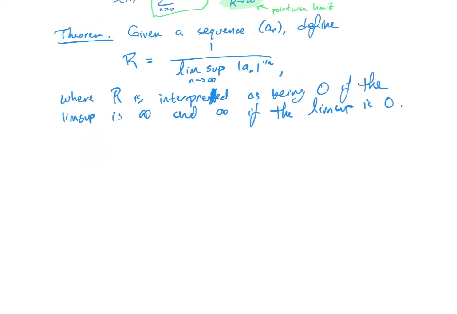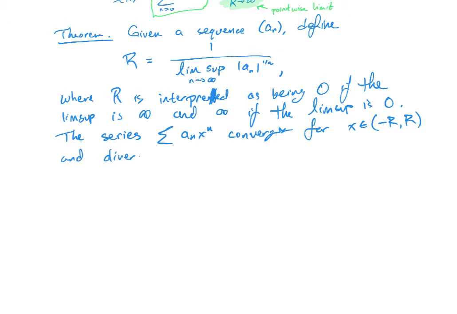That's your radius of convergence. So the series converges in the open interval from -R to R, and it diverges outside the closed interval.